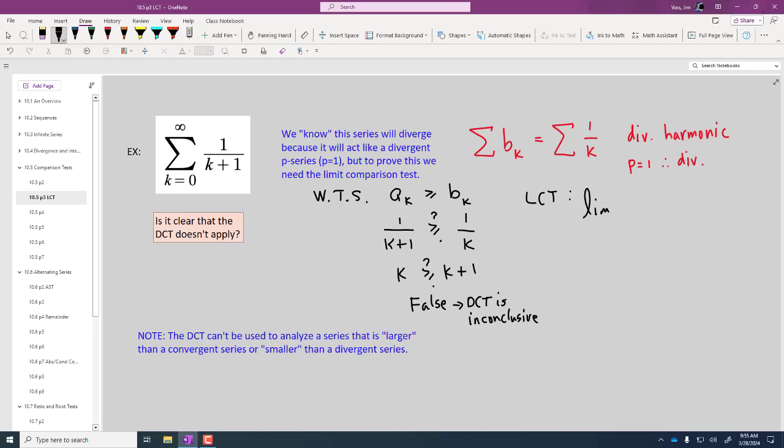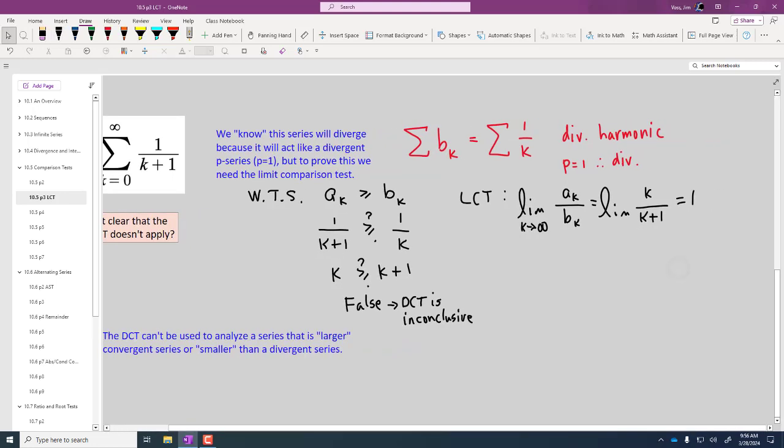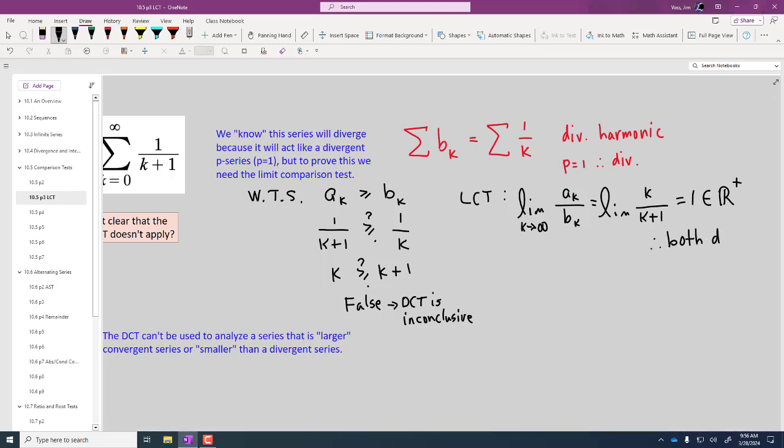That means take the limit as k goes to infinity of A sub k divided by B sub k. So we take the limit of A sub k, the one we're analyzing, 1 over k plus 1, divided by B sub k. We're dividing a fraction by a fraction, so we multiply by its reciprocal. And what's that limit? 1. This is a positive real, therefore both diverge.